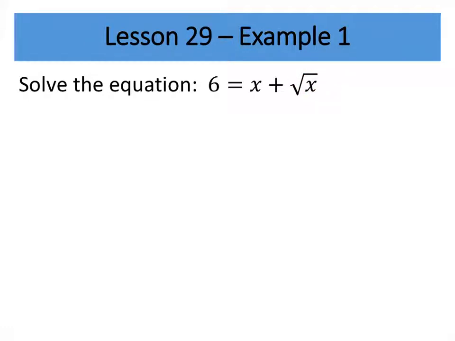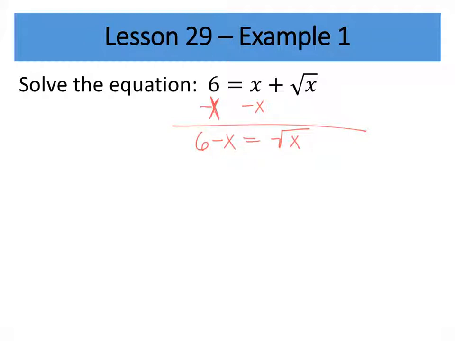So I need to get the square root all by itself. So I'm going to subtract x from both sides of the equal sign. And in this way, I'm going to get 6 minus x equals the square root of x. So I just subtracted the x from both sides.